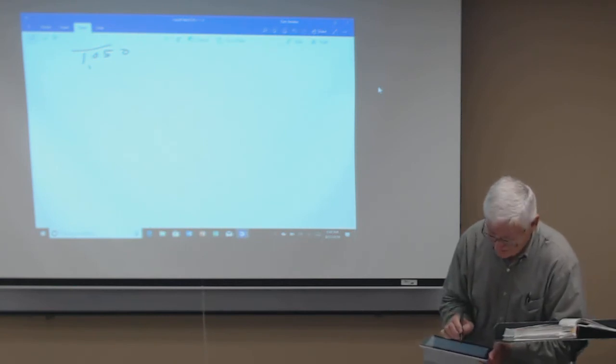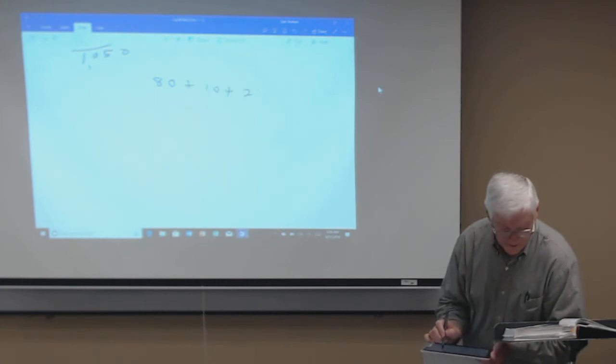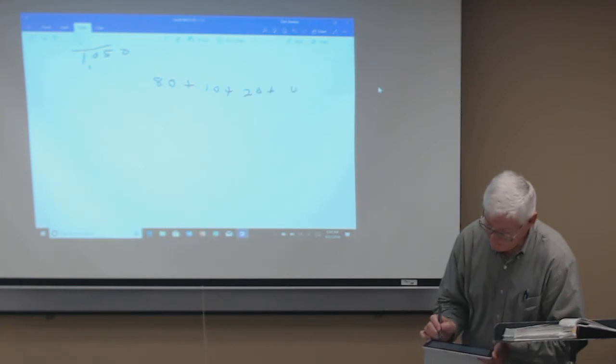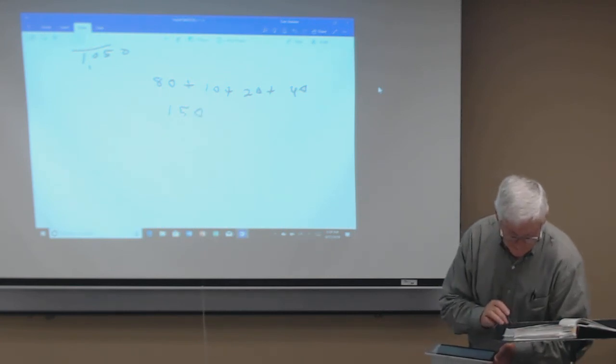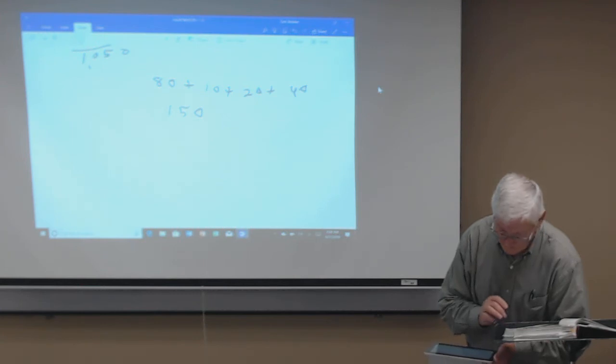So that means I add those together. 80 plus 10, plus 20, plus 40, plus 40. 60, 70, 150 sandwiches. And each sandwich uses 1/4 of a loaf.